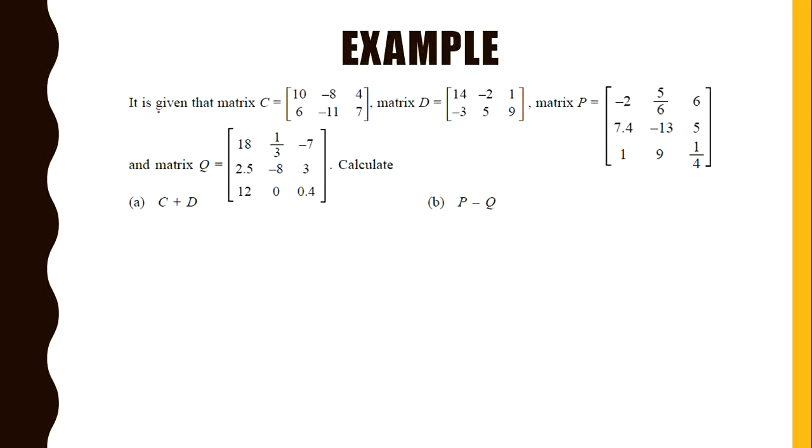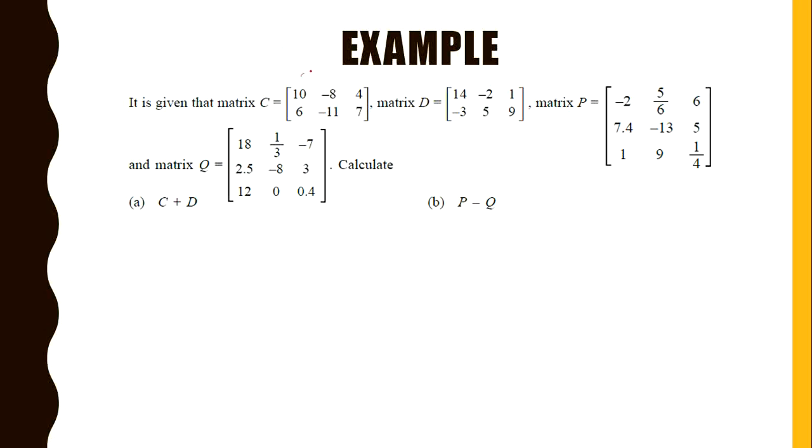Okay, it is given that matrix C, matrix D, matrix P, and matrix Q. Okay, calculate C plus D and P minus Q. Okay, look at C plus D first. Okay, first kita tengok betul ke dia boleh ditambah ni matrix C dengan matrix D ni. Okay, so we look at the order.